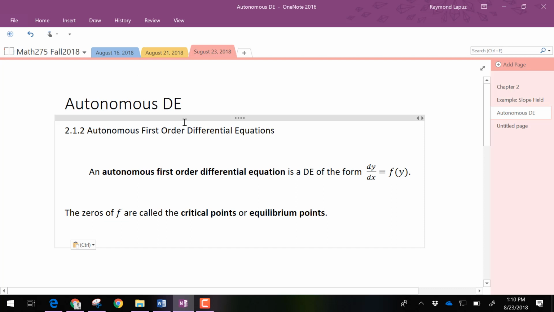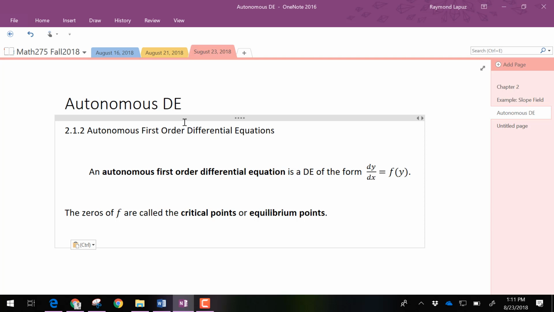And these would fit for a first order differential equation. An autonomous differential equation is a differential equation that does not have an independent variable in the equation. So we have dy/dx, our y prime, and then we have some function of y on the other side.